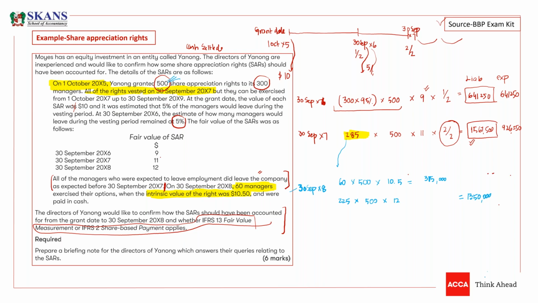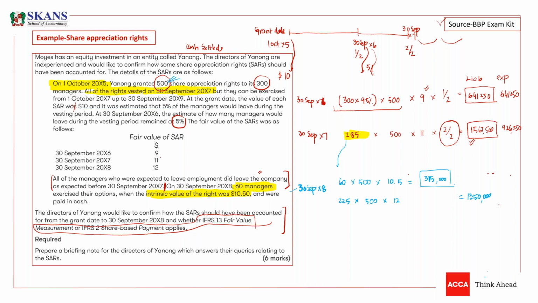Now, guys, what is the expense or income during the year? We need to understand the expense during the year. It is very simple. What should be the journal entry, the double entry, to record this 20X8 payment? Look, this is an amount that we are actually paying. If we are paying cash to someone, our cash is reducing.